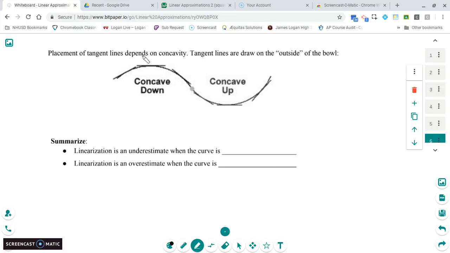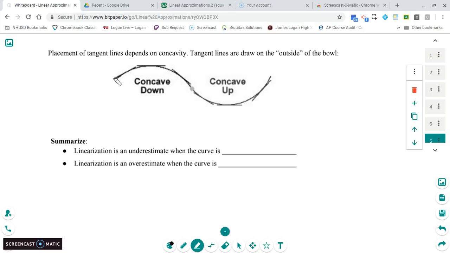All right, one other thing about managing error. When you place a tangent line on your curve, we usually place it on the outside of the bowl shape, whatever the bowl shape is. We call this concave down, and that's a bowl that's upside down. We have a concave up region, which is a bowl which is face up.